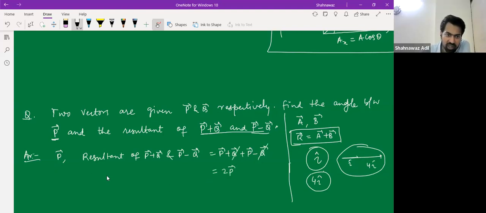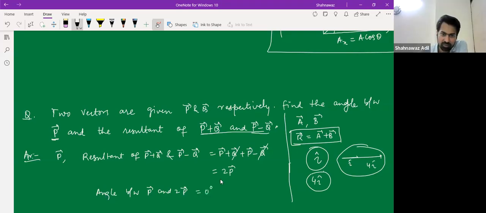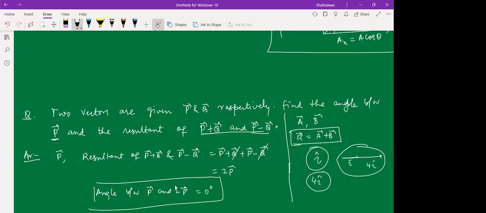So what would be the angle between P vector and 2P vector? 0? Yeah, so the angle would be 0. Understood. So how did you get 180?